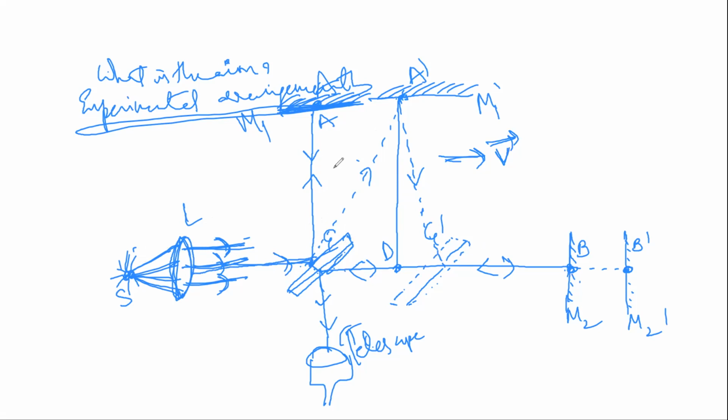The reflected beam comes back again, reflected from M1, and here from M2, and they interfere, and we see the interference pattern.